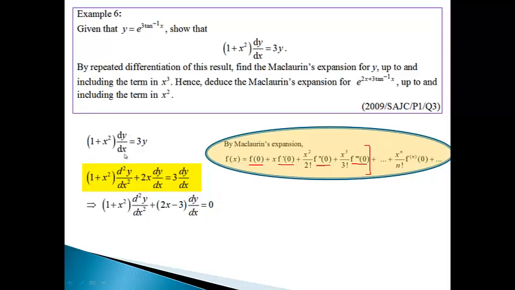Plus the back, which is dy dx, multiplied by the differential of the front, which is 2x. So this is how we actually arrive here. On the right hand side, 3y, very simply differentiating with respect to x, I will have 3 dy dx. Right, so collecting all the terms to my left hand side, this is what we'll get.